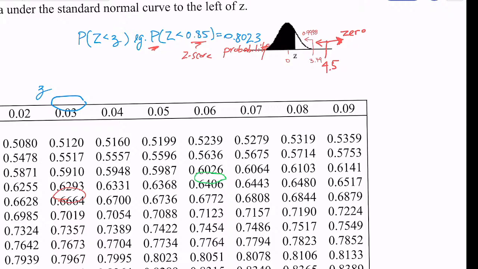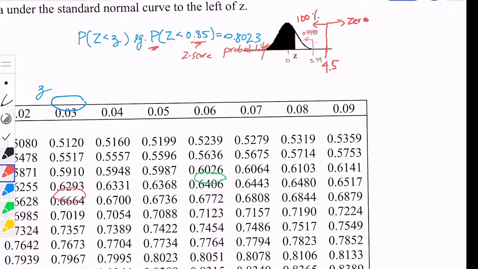Maybe I can make this clearer if I extend that bar. So there's nothing here, but the chance of being here is 100%. All the way up until 3.49, you could use 100% as the area to the left. Those values represent the distance from the mean in terms of standard deviations.